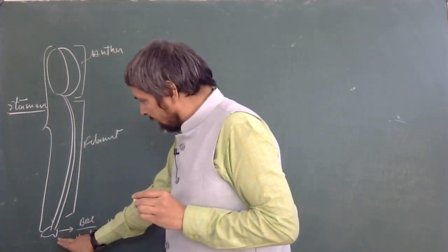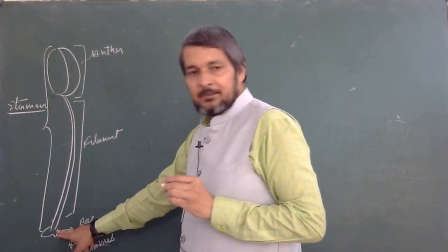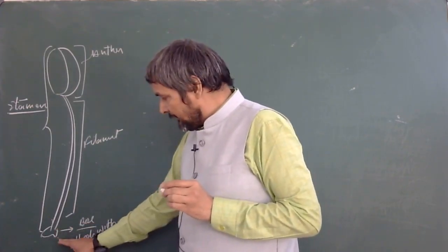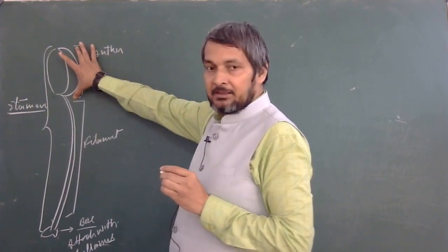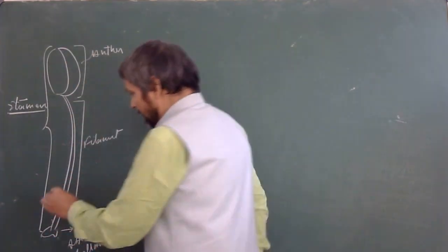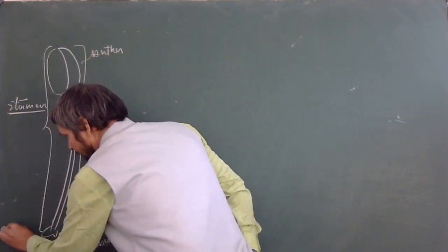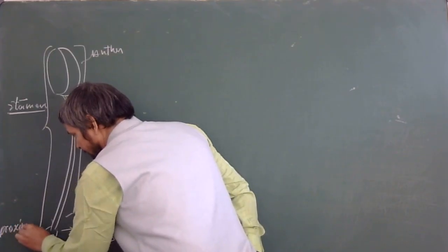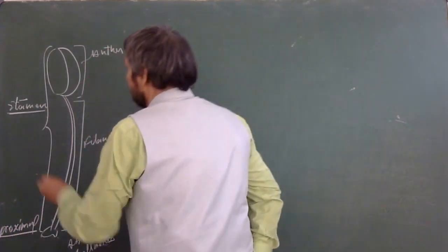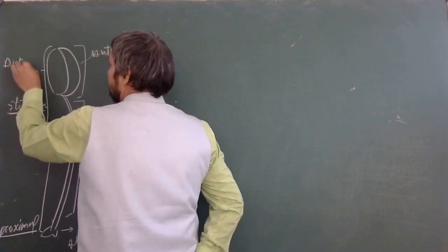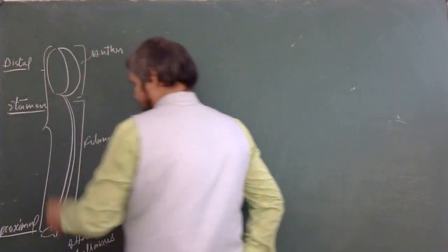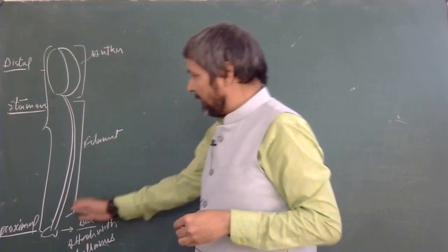This is known as the proximal part that remains attached with the flower base of the petal, and the distal part of the stamen. This is the proximal part. This part of the stamen is the distal part, and this is the filament.